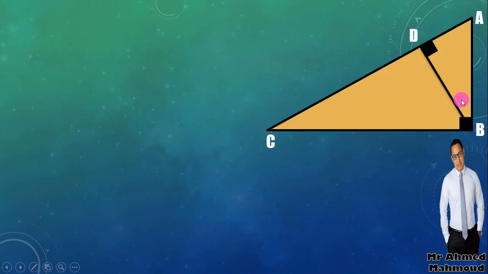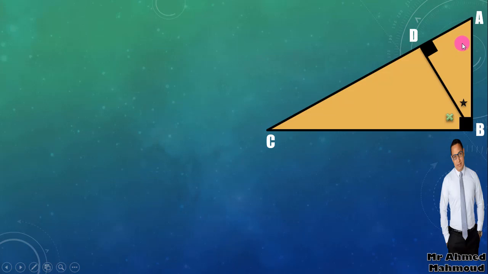By looking at this, angle ABD and angle CBD are complementary. I will call them X and star. So X and star, the sum of them equals 90.